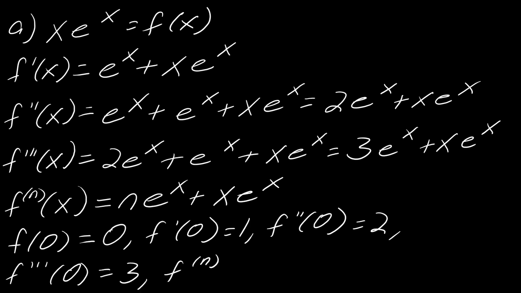So now I've noticed what the pattern is here, and I feel pretty comfortable saying that for the nth derivative at 0, this will equal n. Once you've established all of this information, we're going to make some space, because this information is what I need to move forward.